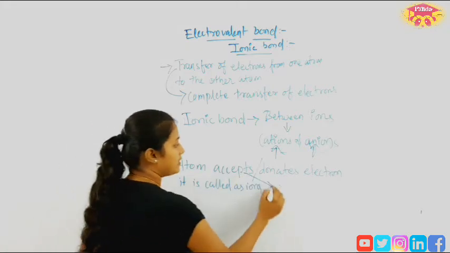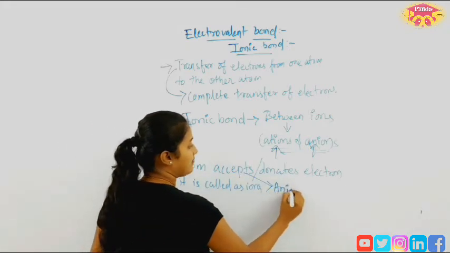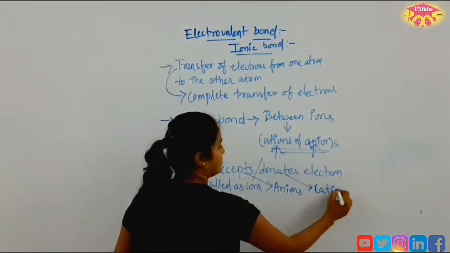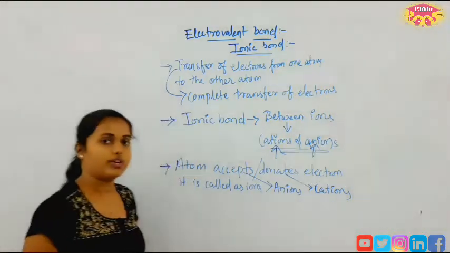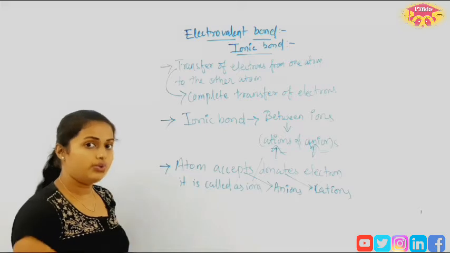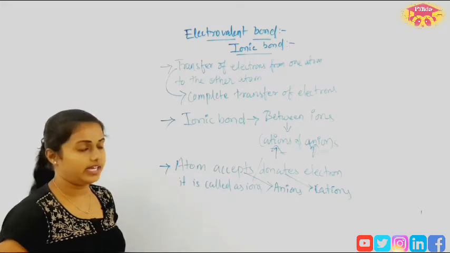When it accepts electrons, it is known as an anion, and when it donates electrons, it is known as a cation.